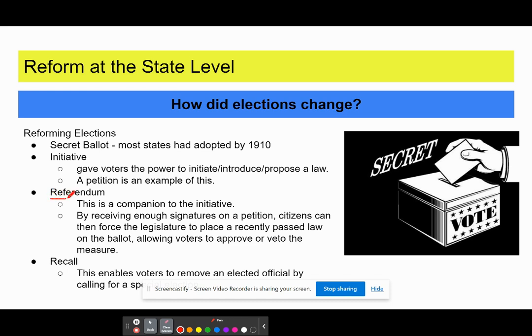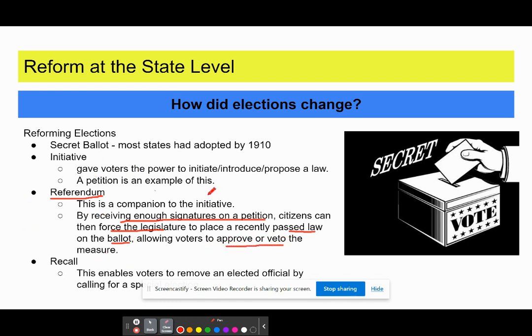Another election change is referendum. This is a companion to the initiative. In the referendum, if you receive enough signatures on a petition, you can then force the legislature to place a recently passed law on the ballot, allowing voters to approve or veto the measure.